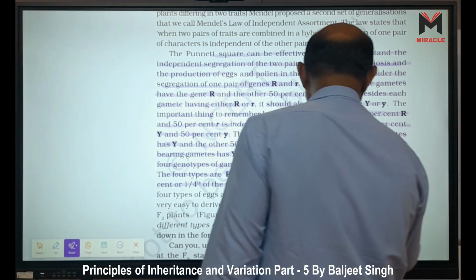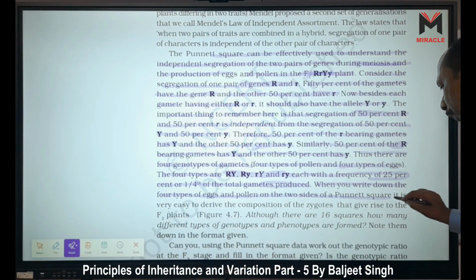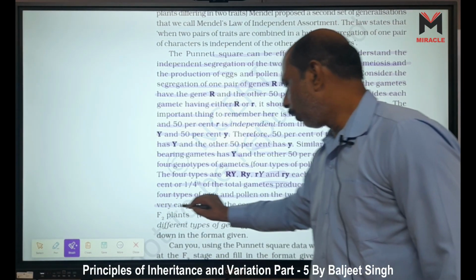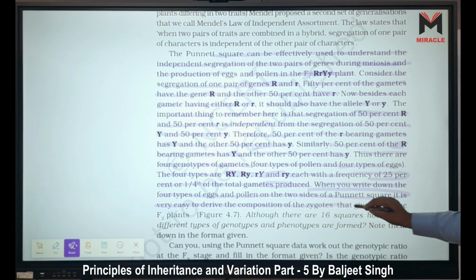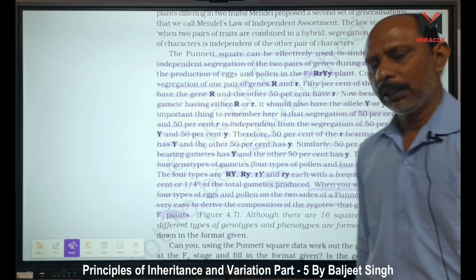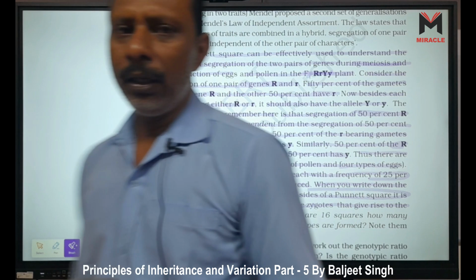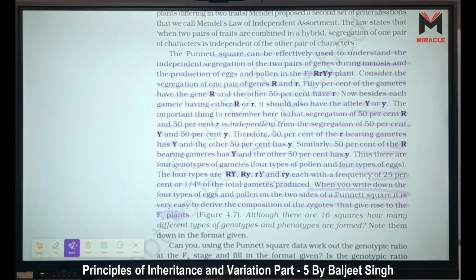When you write down the 4 types of eggs and pollen on the 2 sides of the Punnett square, it is very easy to derive the composition of the zygotes that give rise to the F2. The number of zygotes is obtained by 4 to the power n.